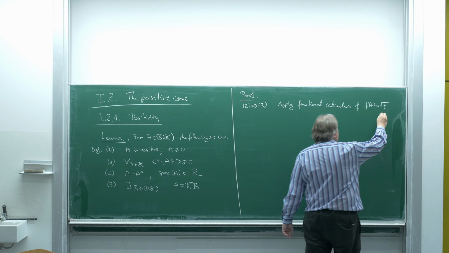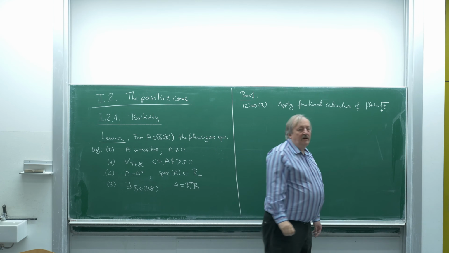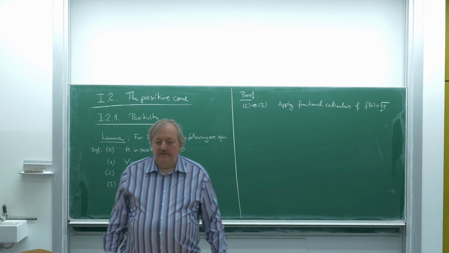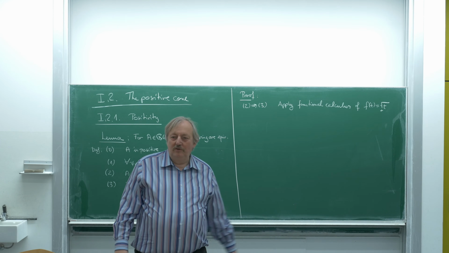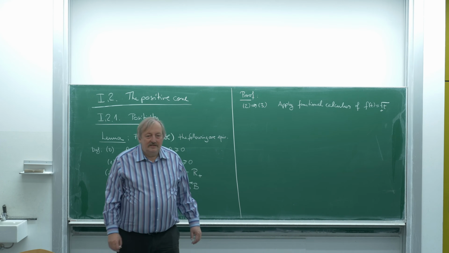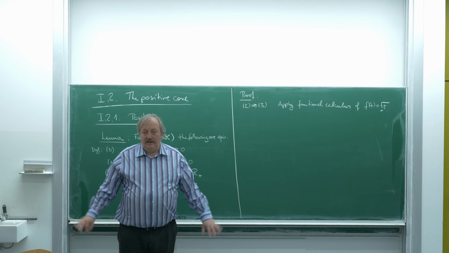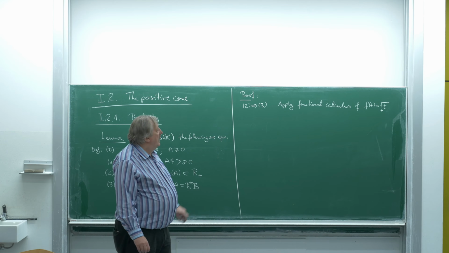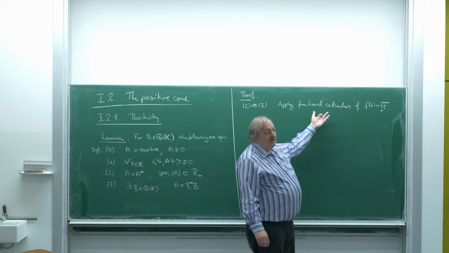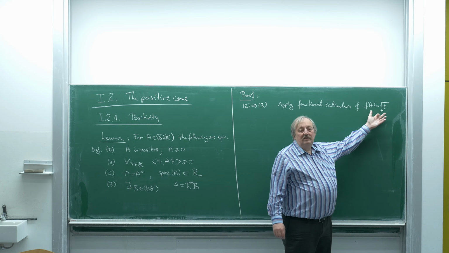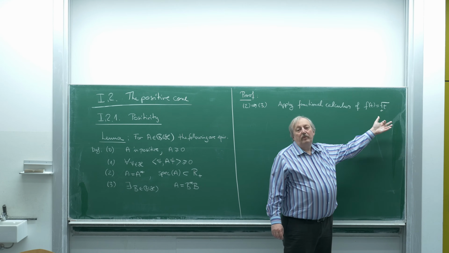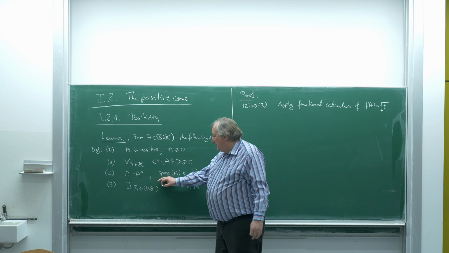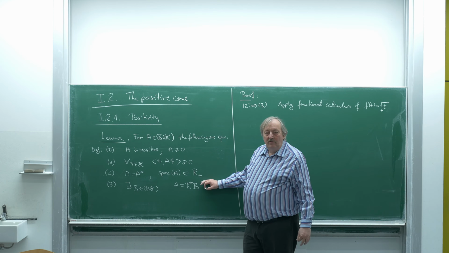Here we take the positive square root. It's a function that is defined only on the positive line, right? So we don't know what the square root of a negative number is. We don't need to know that. And if you look at the spectral theorem and how the functional calculus was introduced, you actually need this only on the spectrum. And now, our assumption is that this is actually in the positive real line, so we can apply that.